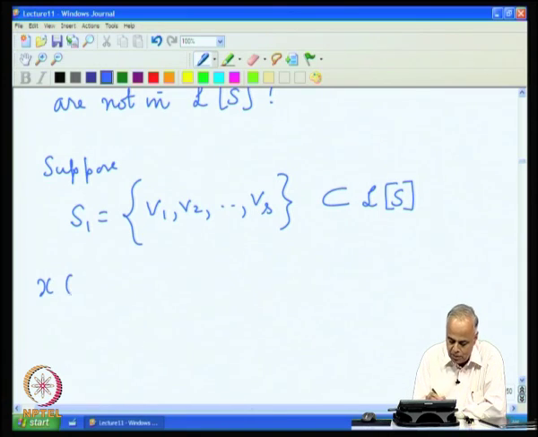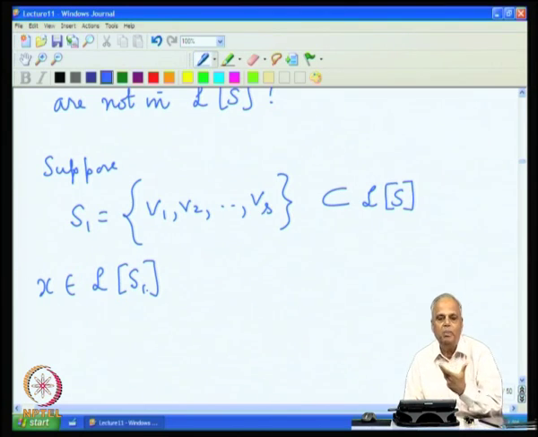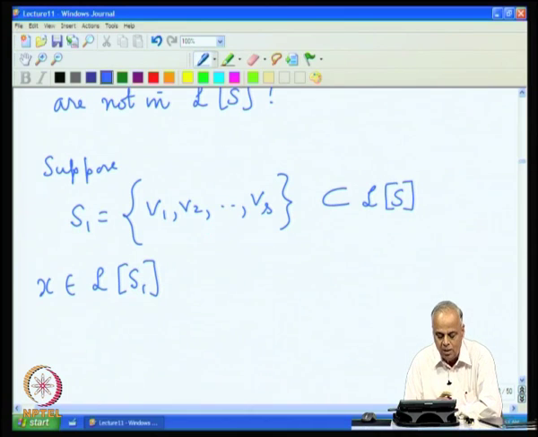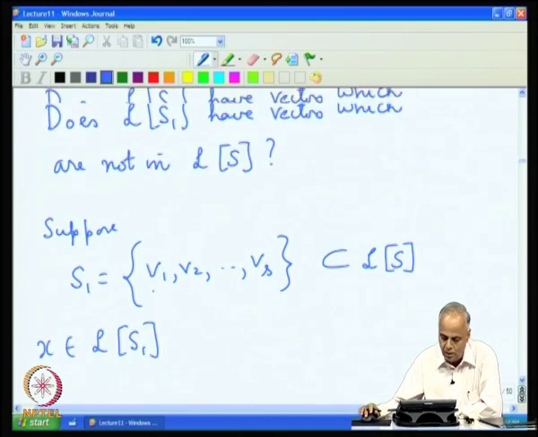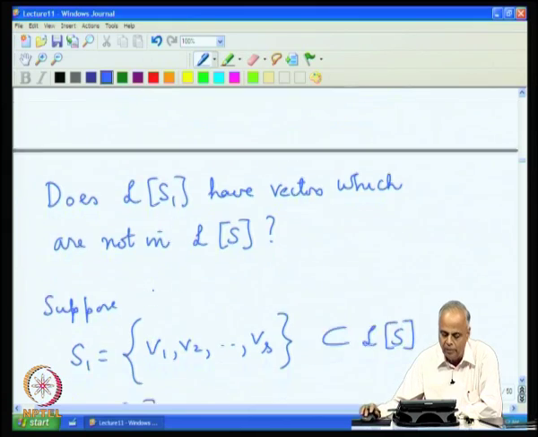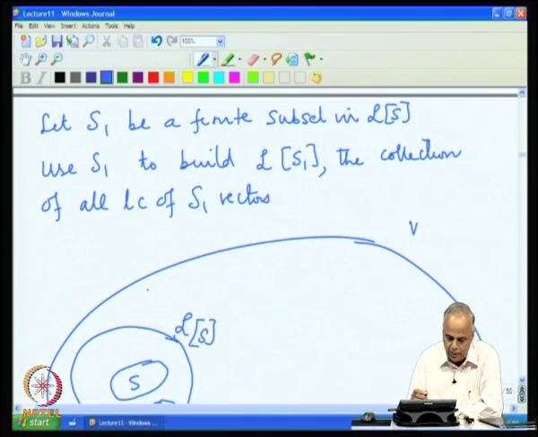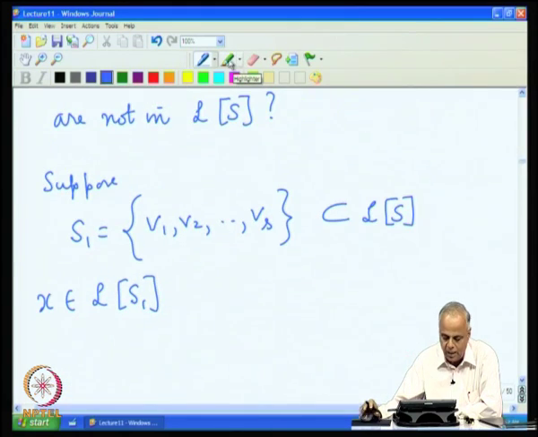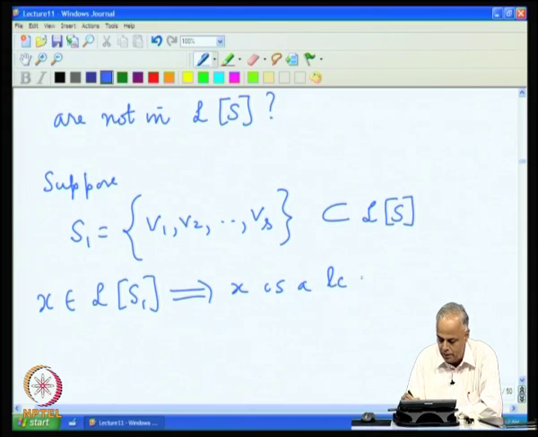So, suppose X belongs to the thing that we have built from S1. What have we built from S1? LS1. So, suppose something is in this LS1, what does that mean? LS1 is the collection of all linear combinations of S1 vectors. So, therefore, any vector X in LS1 is a linear combination of S1 vectors.